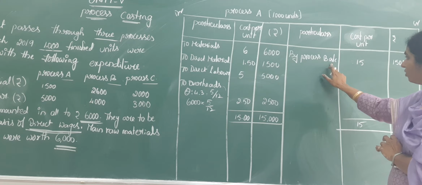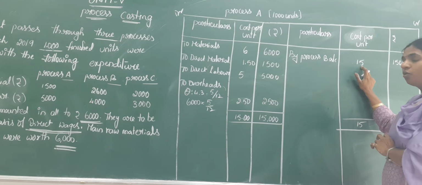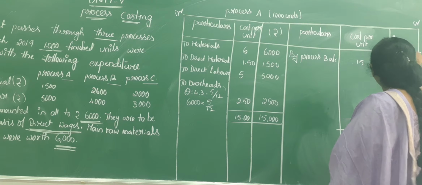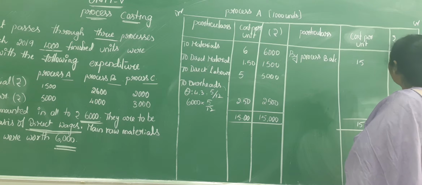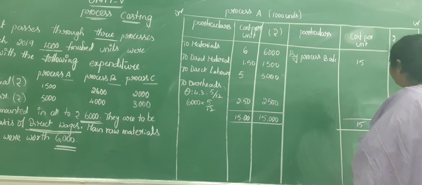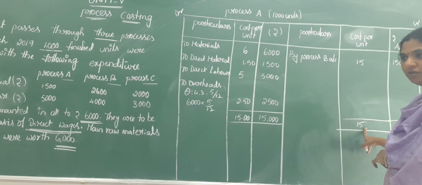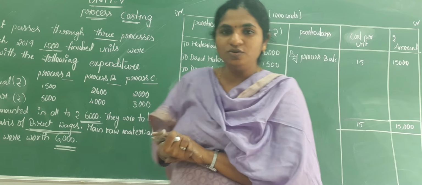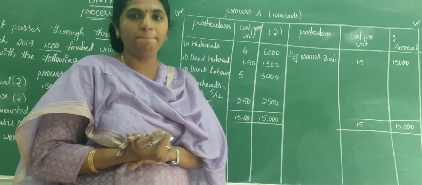Cost per unit 15. See the total here which we have transferred, 15 per unit, and the amount which we have to transfer to process B is 15,000. This is the way we need to do the solution.